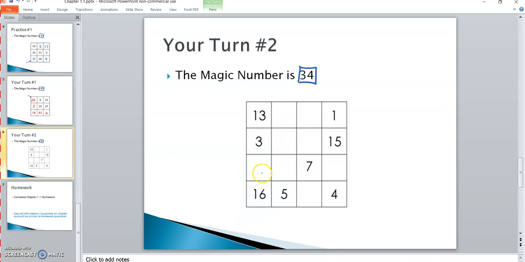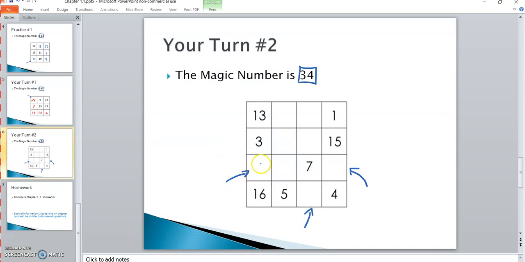So for this one, there aren't actually a lot of different ways that we can start. However, what I'm looking for is a row, a column, or a diagonal that is only missing one square. So I could actually start off with this one, or I could start off with this one, or this one.